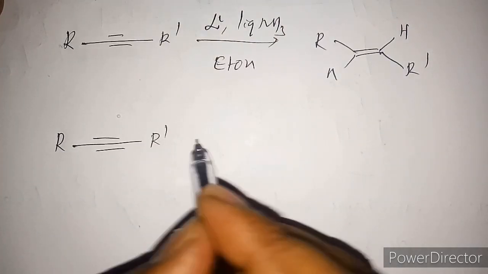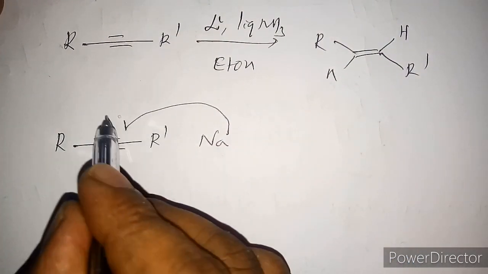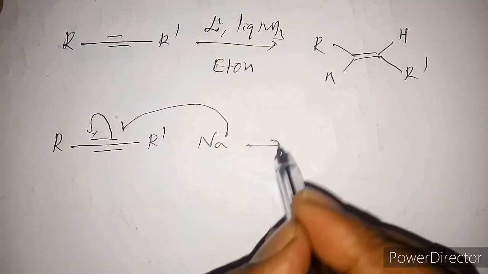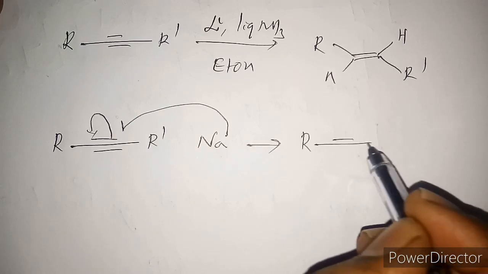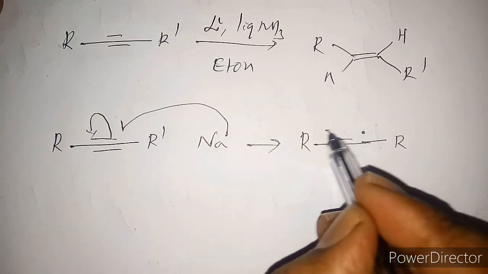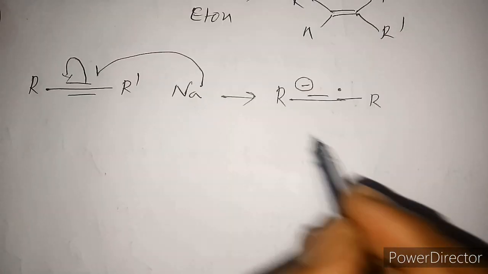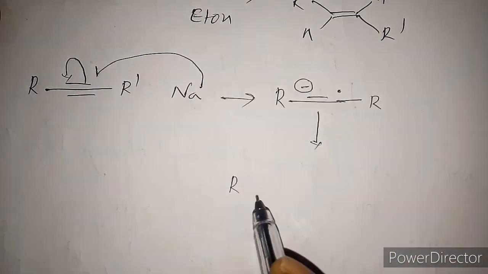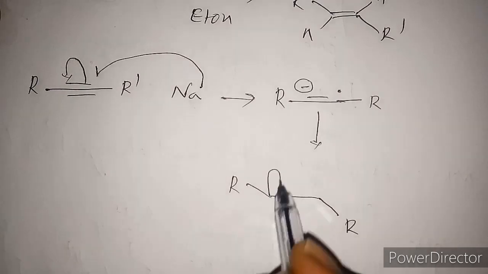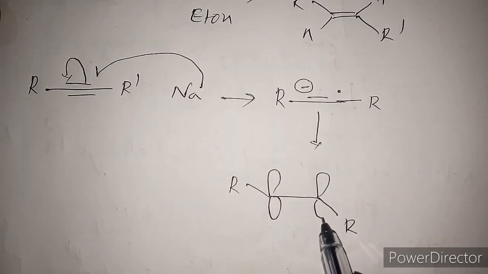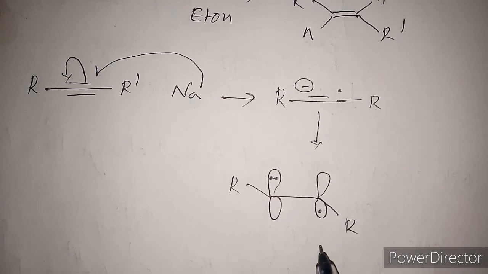R dash, so lithium or sodium, anything, sodium, this will donate an electron and shift of the negative charge. So one carbon gets a negative charge, so another carbon gets a radical. Now in order to overcome this negative and radical repulsion, what will happen is that now this is a negative charge, 2 electrons, this is a radical.